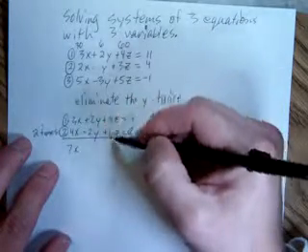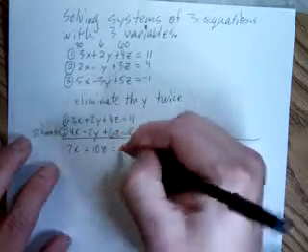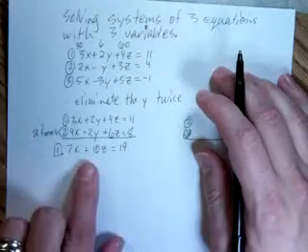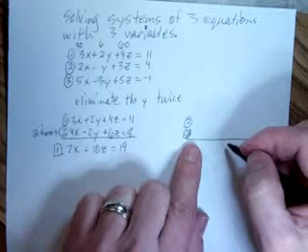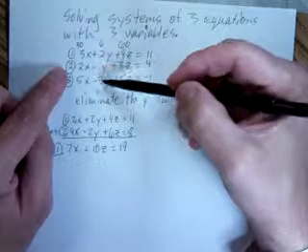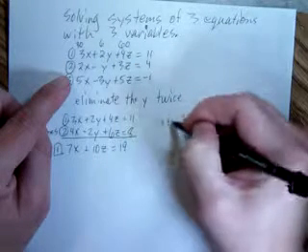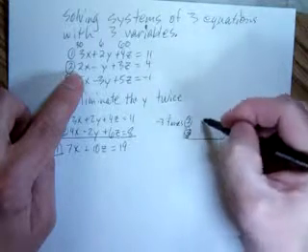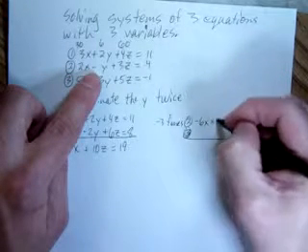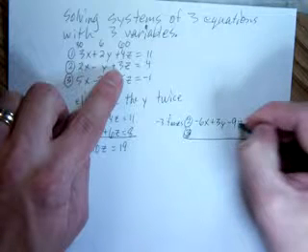Okay. Now to do that, I'm going to have to pair up equation 2 with equation 1. I'm also going to have to pair up equation 2 with equation 3. Okay, so this is equation 3 here.